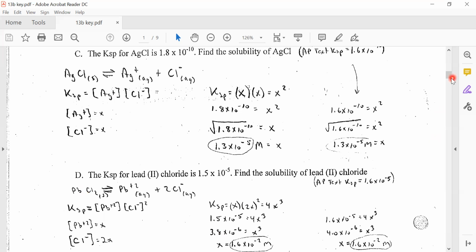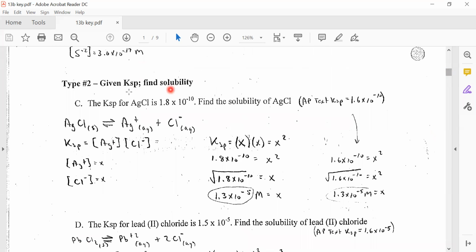What I was just going to do is go back and do a little comparison to type 1. Notice in type 2, given Ksp find solubility, if it's a 1-to-1 ratio, you're just taking the square root of the Ksp.